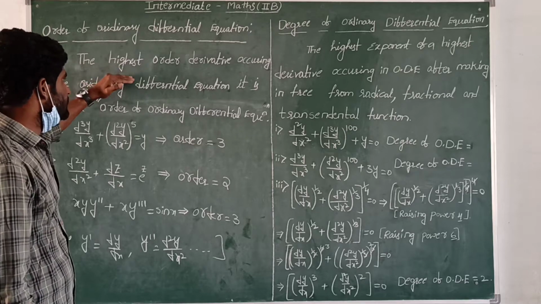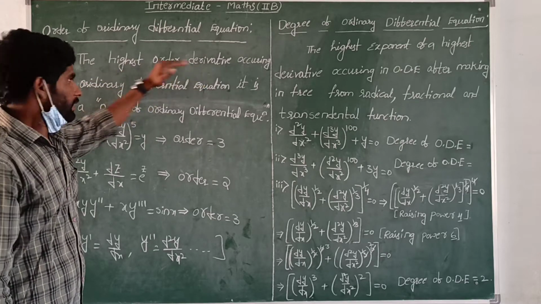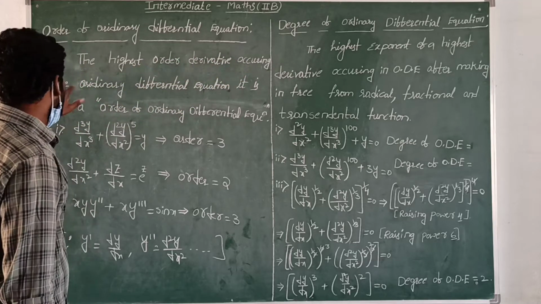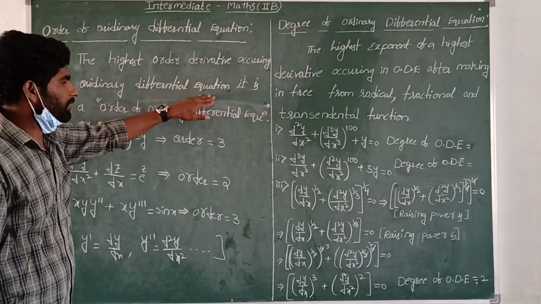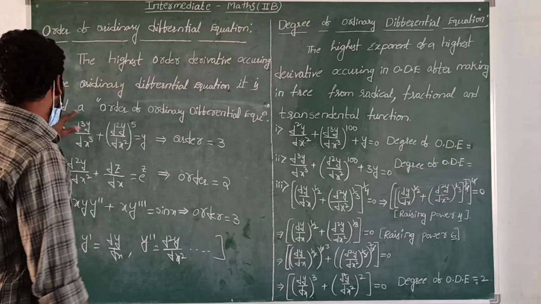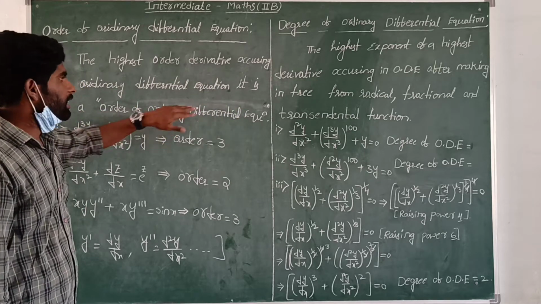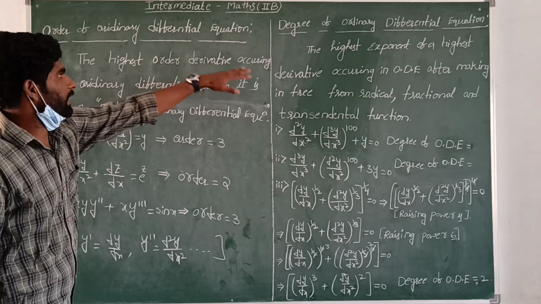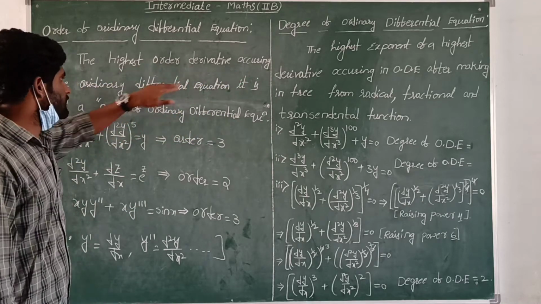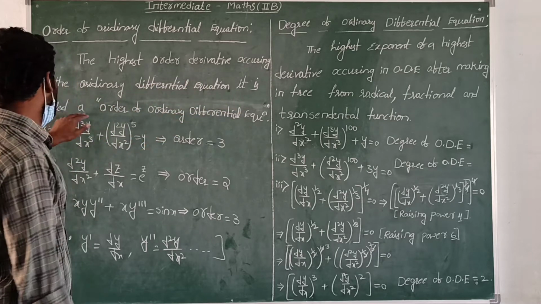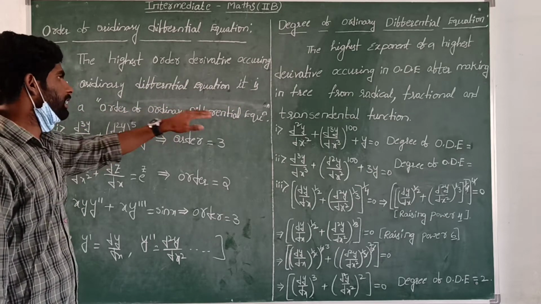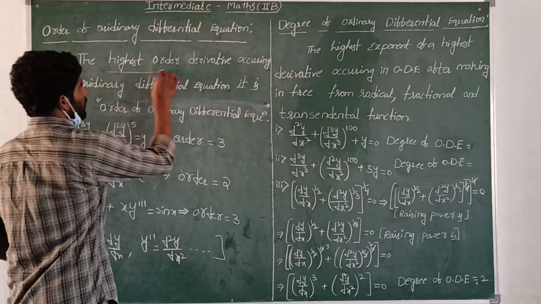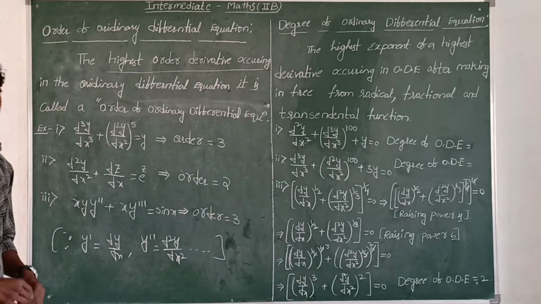Definition: the highest order derivative occurring in the ordinary differential equation is called the order of the ordinary differential equation. Here the important line is that highest order derivative occurring.